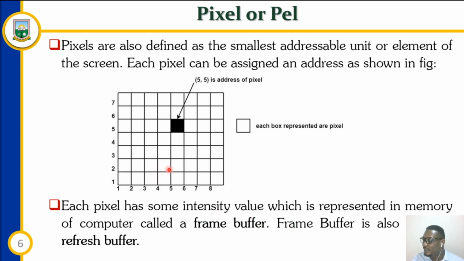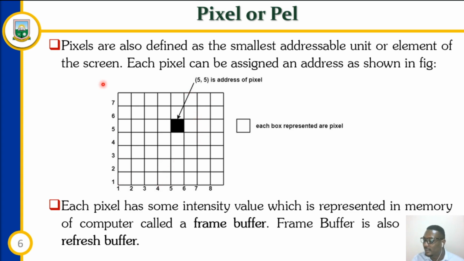Now looking at this one, you can see this is a pixel which is displayed on a display unit, and each of these boxes represents a pixel. To know the location of a pixel, it also has some sort of address.